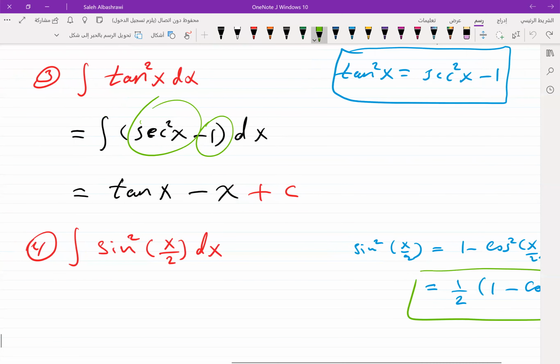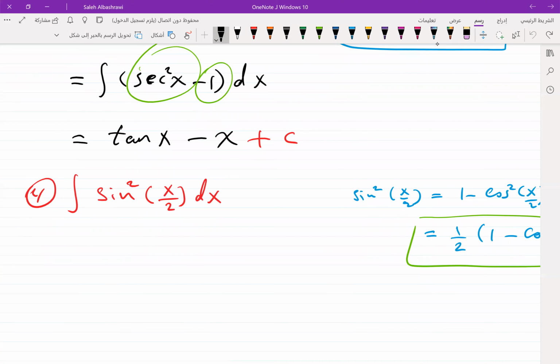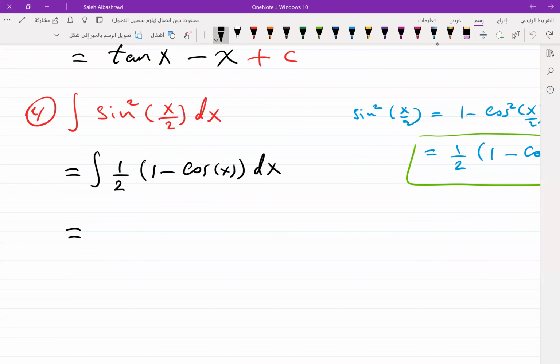So the sine squared x over 2, using the half angle identity, will be the integral of 1/2 times 1 minus cosine x dx, which is equal to, I can take 1/2 outside because it's a constant, multiplied by the integration of 1, which is equal to x, minus the integration of cosine, which is equal to sine, plus some constant c.